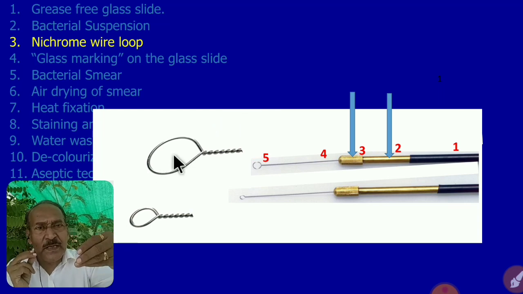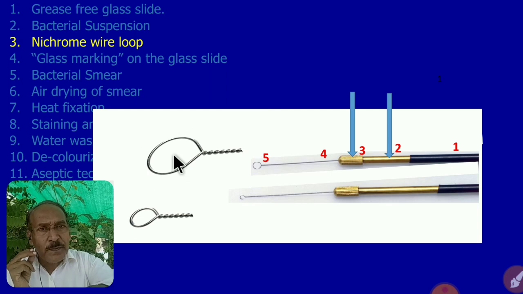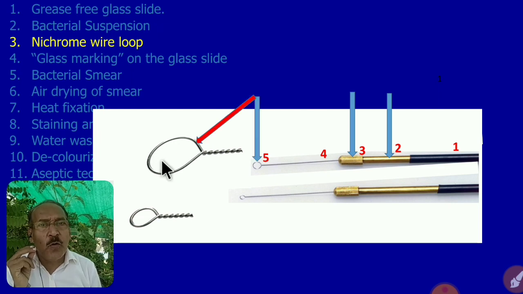Like usually if we dip a spoon and take it out, whatever quantity we take is known as spoonful, or a cupful quantity, glassful quantity. So when we dip the loop in the suspension and take it out, whatever film of suspension is seen present in this loop is known as loopful quantity.